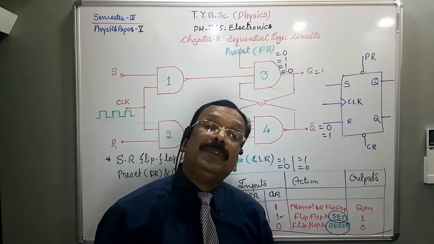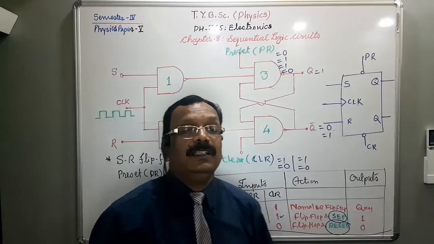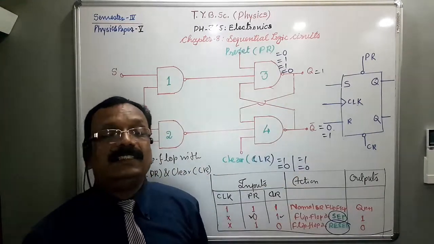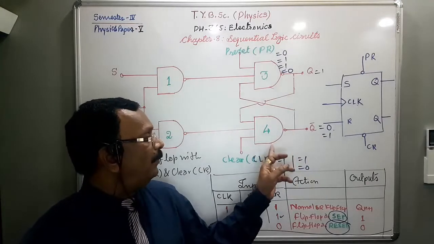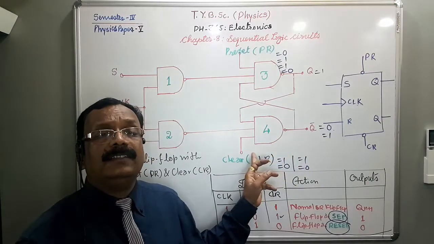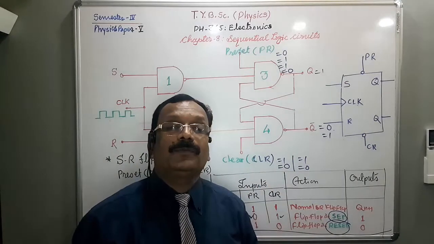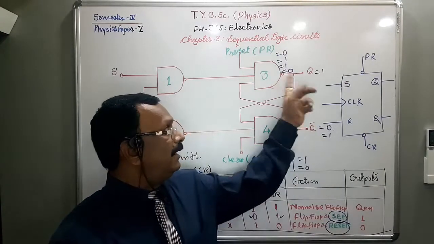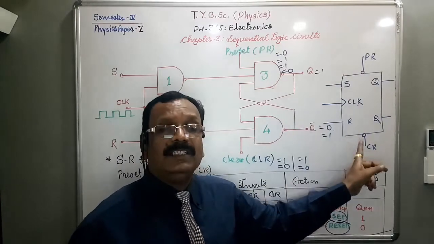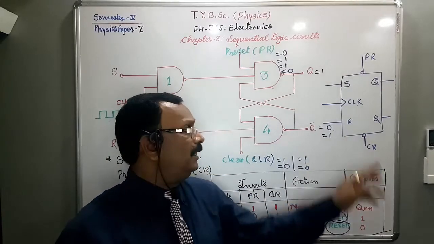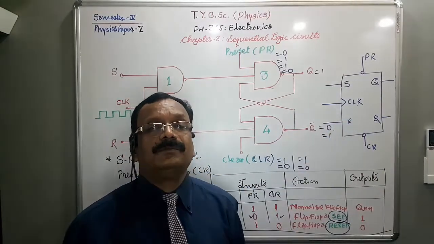Why? It must be noted that the input preset, that is PR, and the other input, that is clear, that is CLR, are active low, which is indicated by these two bubbles on these input points.